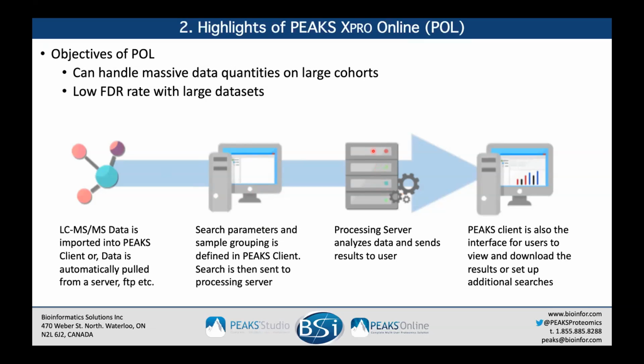The server can be held either in the cloud, like an Amazon cloud or Google cloud, or it can be held internally on your own high performance computing cluster. And essentially all the work happens there. And then the data is returned to the Peaks client and sorted into this interactive viewer where you can look at your data. And I'll show you some slides from that.